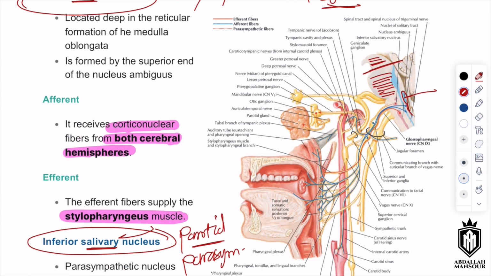The afferent fibers come down from both cerebral hemispheres, and the efferent fibers go down to the stylopharyngeus muscle, as you can see in the color here.